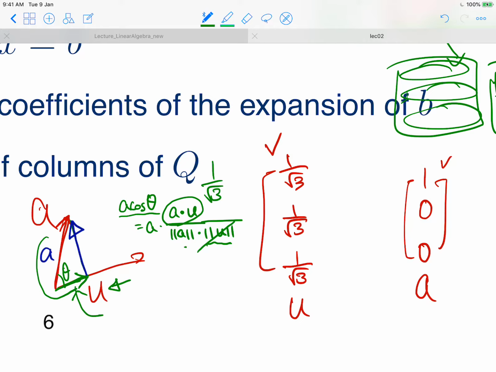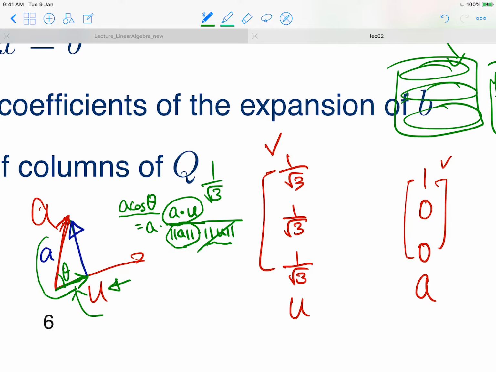And then what about this guy, the length of A, or the norm of A? What is the value of it? 1, right? Because A is 1, 0, 0, and then 1 squared, 0 squared, 0 squared, and square root of it, it will be 1.